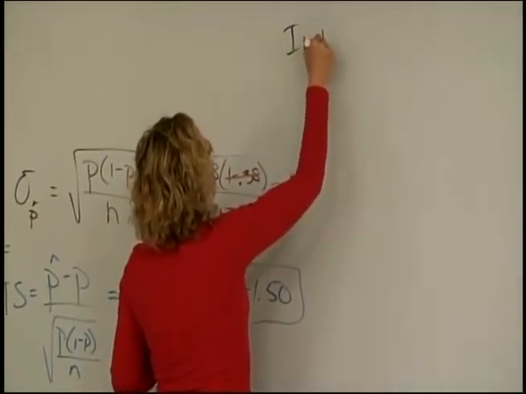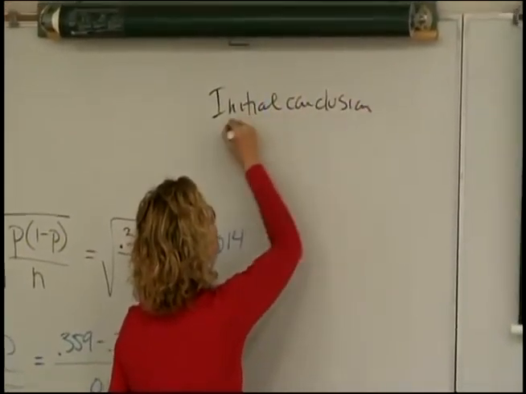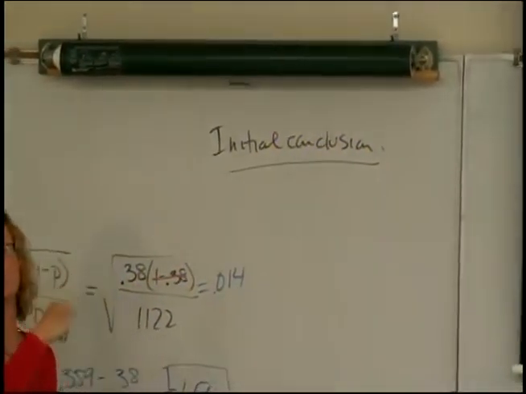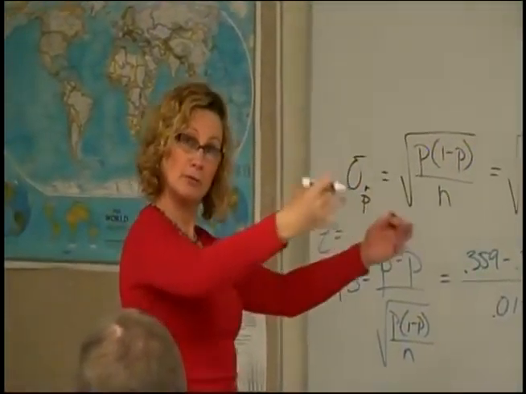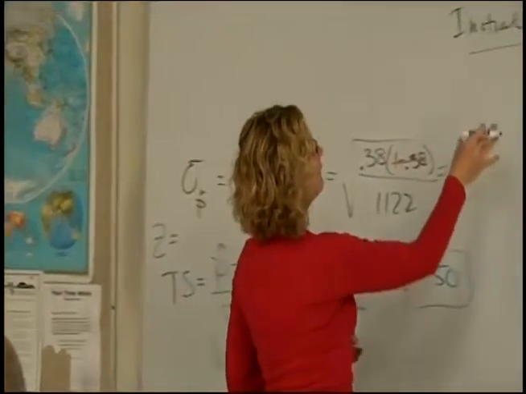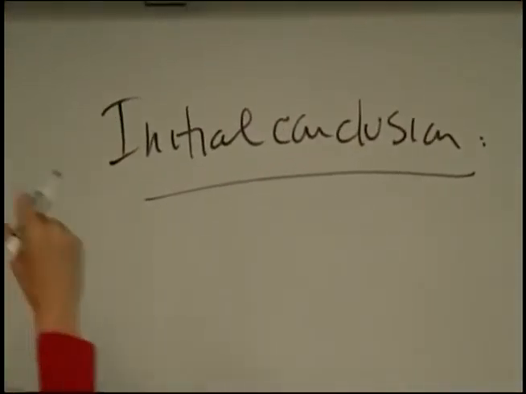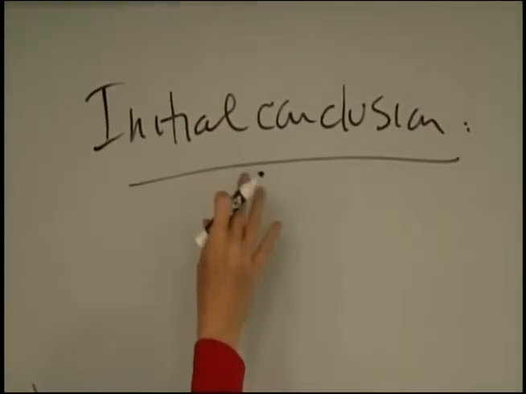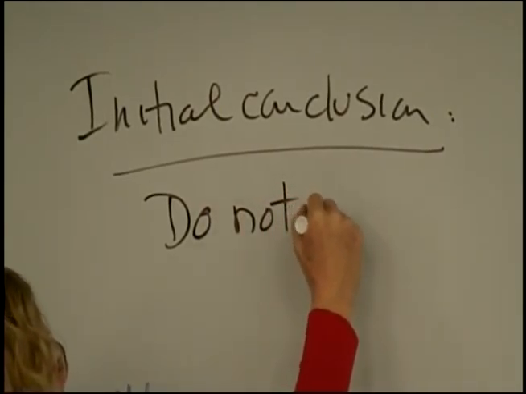So our initial conclusion, and this is important for my online folk, this is how I'm going to expect you to write up the results of a hypothesis test. In the initial conclusion, and I did this in some of the examples I posted on the voice thread, I want you to either say reject or do not reject H0.